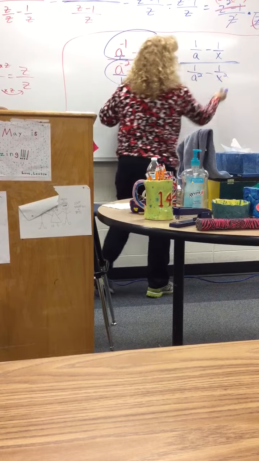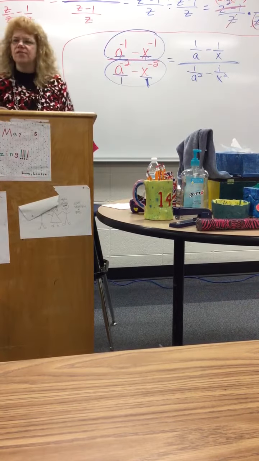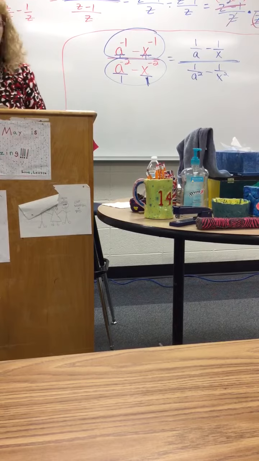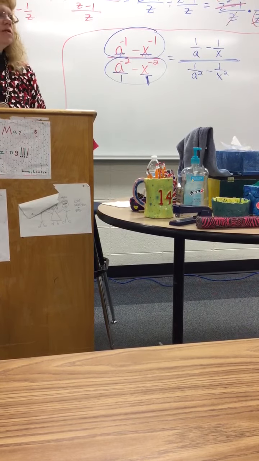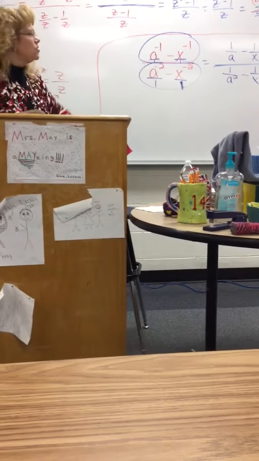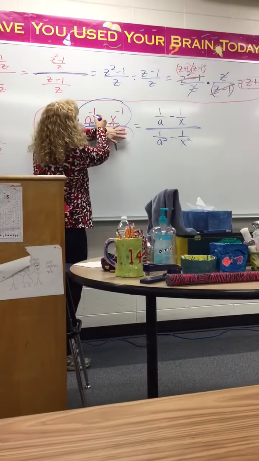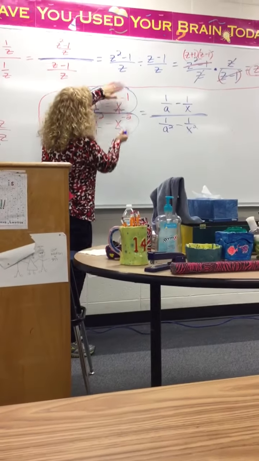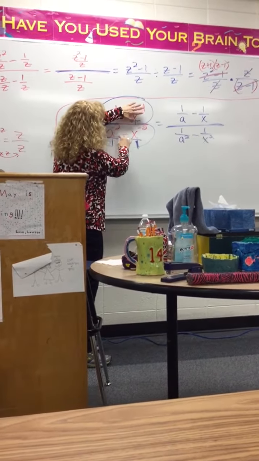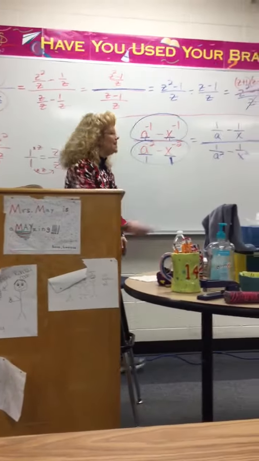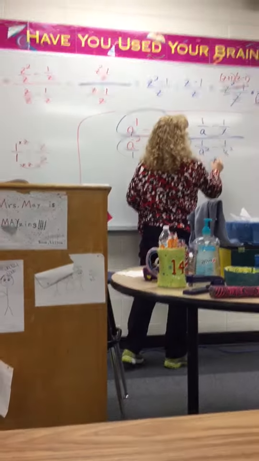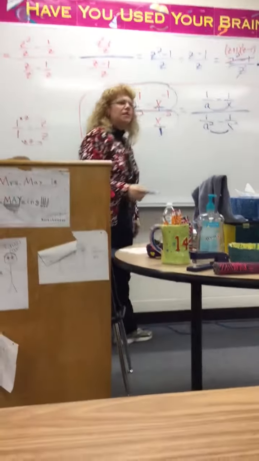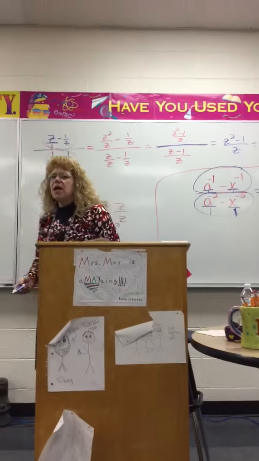And that's just what you do if you want to solve it right. That's what you have to do. Does that make sense? You have to forget that there's a denominator and just make it 1 over, 1 over. You have to forget there's a numerator and make it 1 over and 1 over. And then you can get that common denominator ax, common denominator a squared x squared. You can finish it from there.